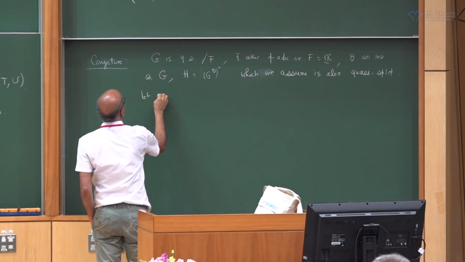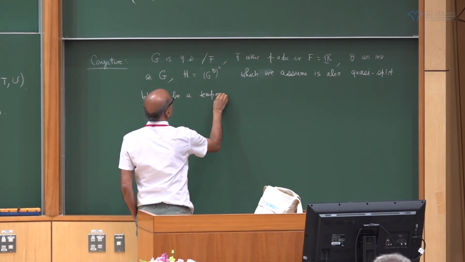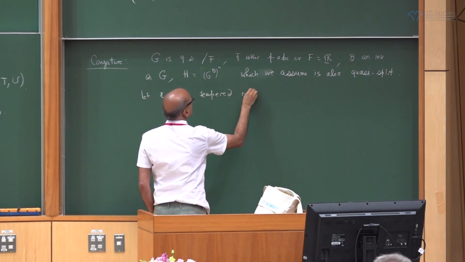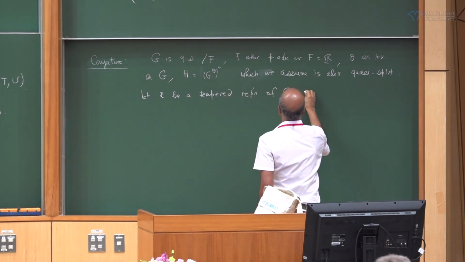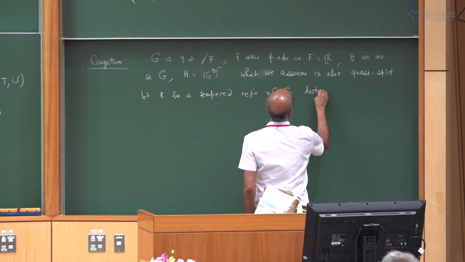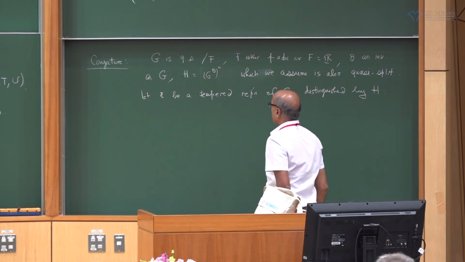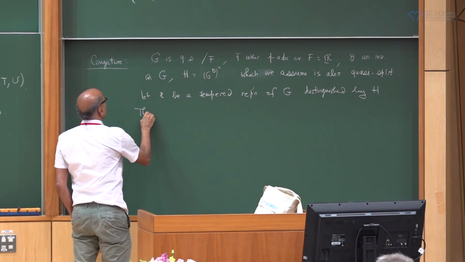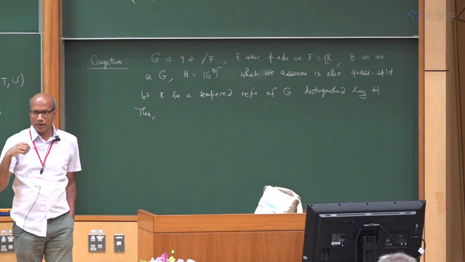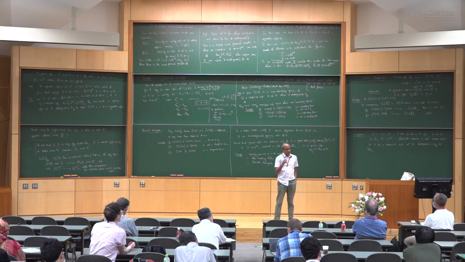Let pi be a tempered representation of G distinguished by H. Then, there is the notion of what is called an L packet associated to a representation of a reductive group over a local field.